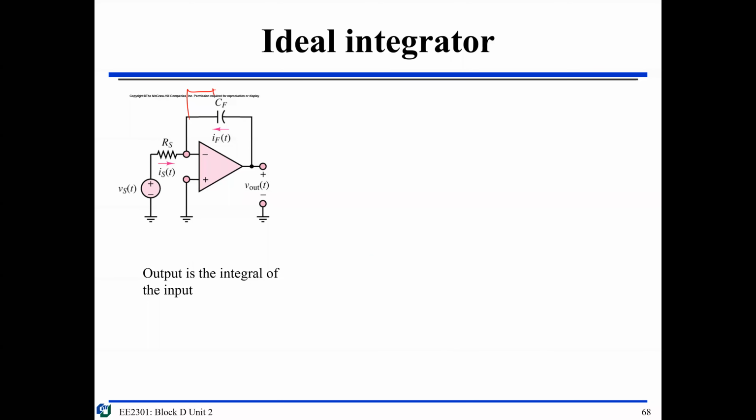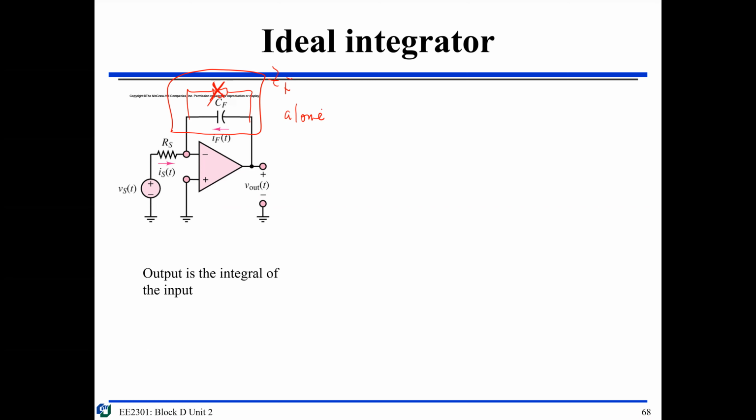Remember we put a resistor here, this becomes ZF, and when this R is infinity, it's a broken circuit. So we have this CF alone.